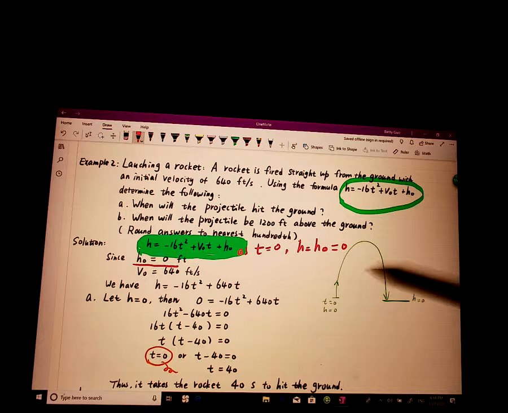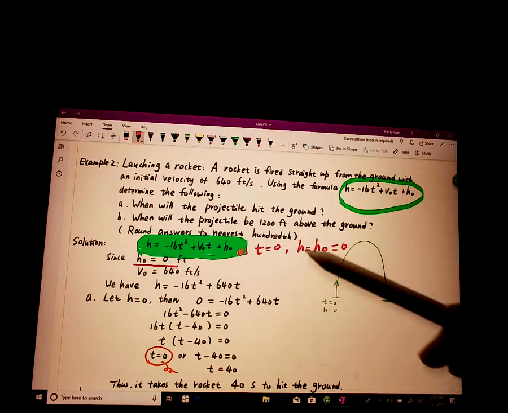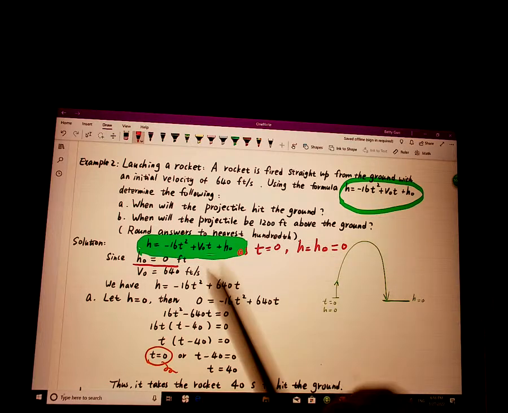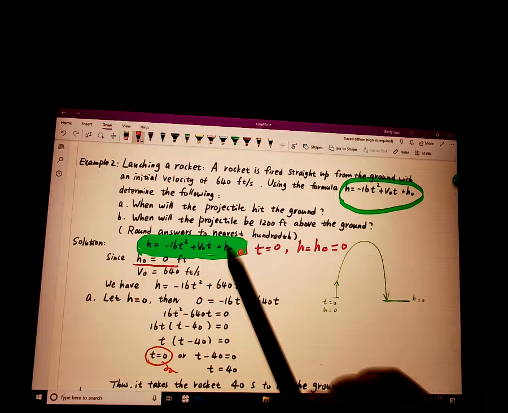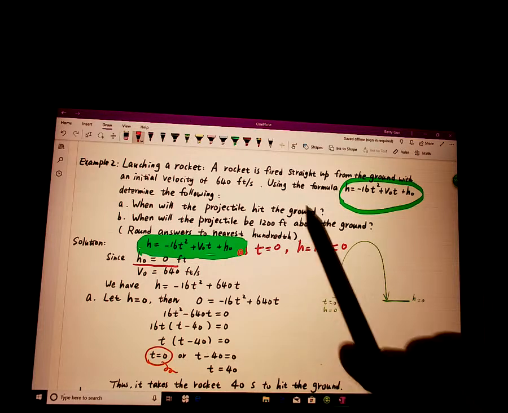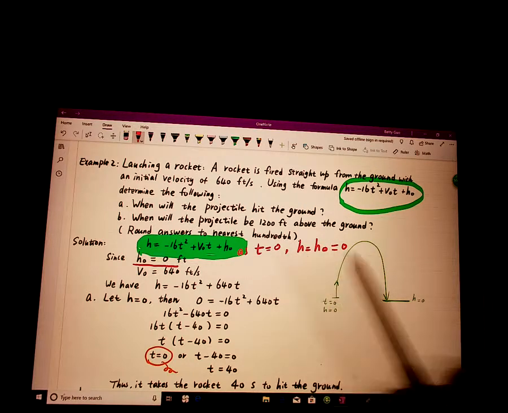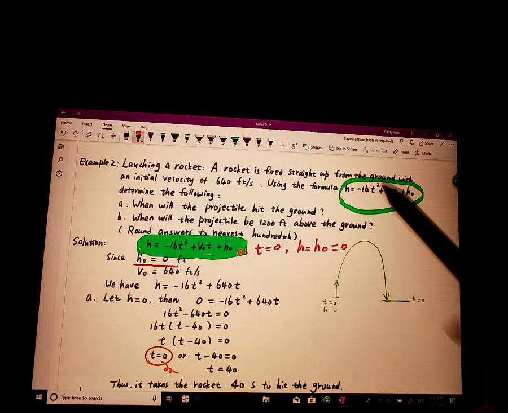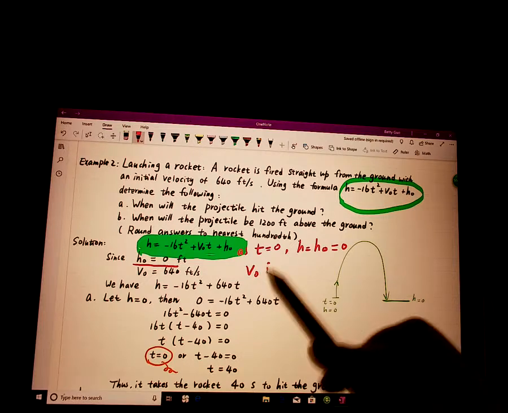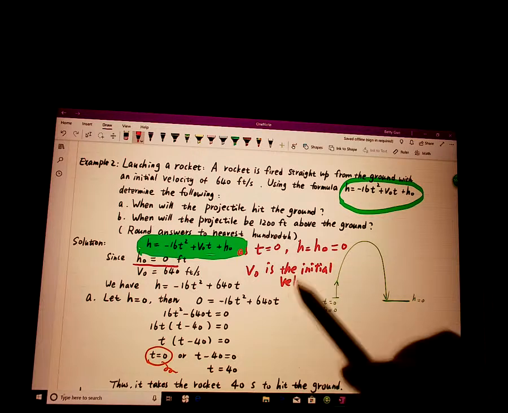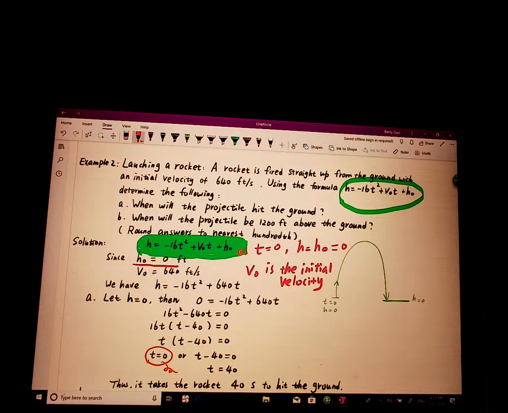There is some work we need to do before we go ahead to work on part A and part B, because in this function the values of v sub 0 and h sub 0 are not given directly. They are given indirectly. As we just did, we figured out h sub 0 equals 0. What about v sub 0? Turns out v sub 0 is the initial velocity.